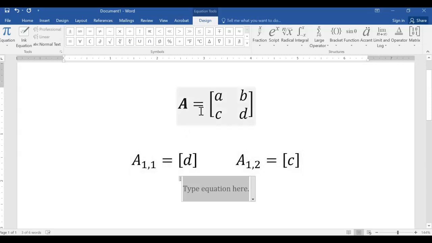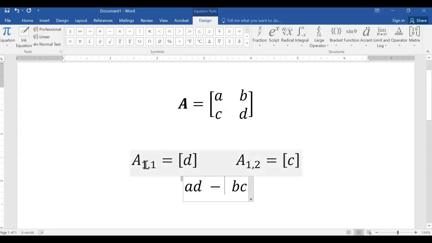The 1, 1 entry of our matrix was the letter A. If I multiply that times the number in my submatrix A11, I get a D. The 1, 2 entry in my original matrix was the letter B. And if I multiply that times the 1, 2 submatrix, I get C. Notice that all I have to do is put a subtract in there, and all of a sudden my determinant shows up as the 1, 1 entry multiplied times this submatrix element minus the 1, 2 entry multiplied times this submatrix element.